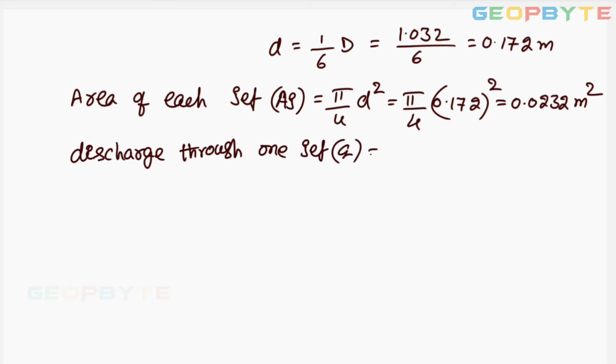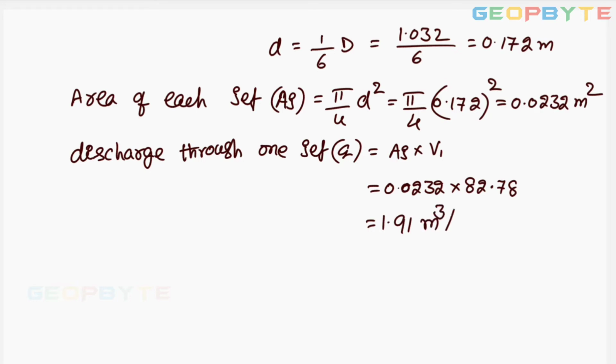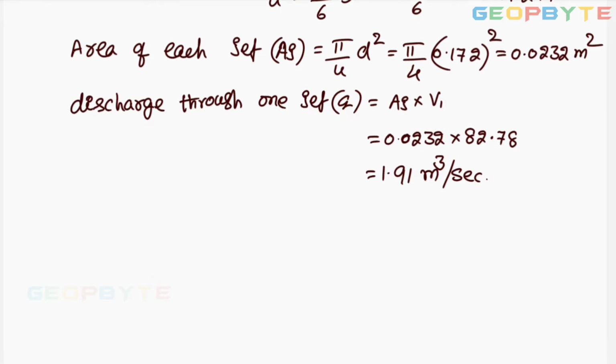Discharge through one jet, small q, equal to area of the jet multiplied by velocity of the jet. 0.0232 into V1, 82.78. Simplify this value for getting, I got 1.91 meter cube per second. That is the discharge through one jet.